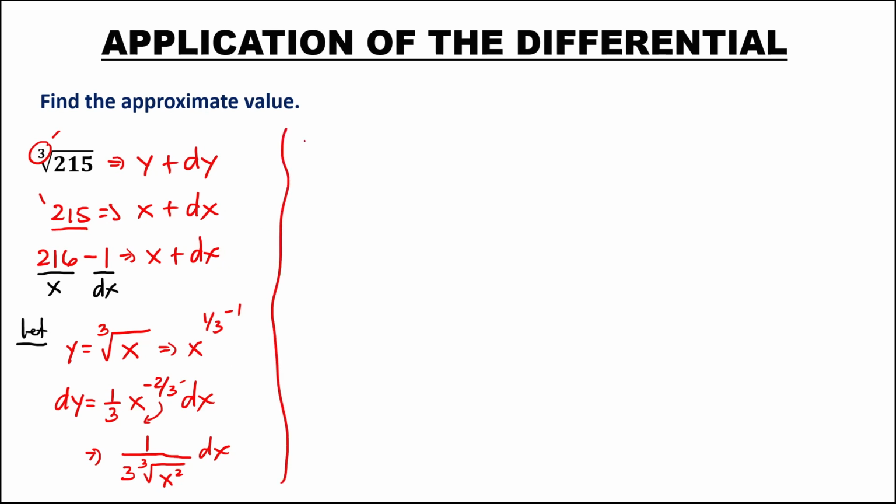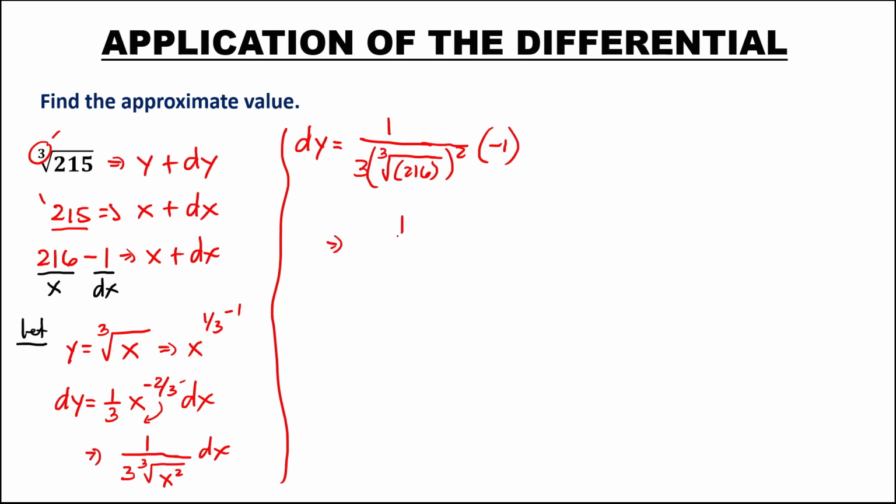Then this time to find the value for dy, we have 1 over 3 times the cube root of x, where x is 216, to the power 2, times the dx, and dx is negative 1.